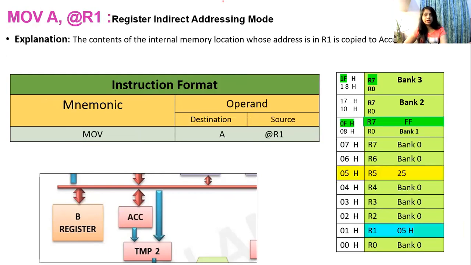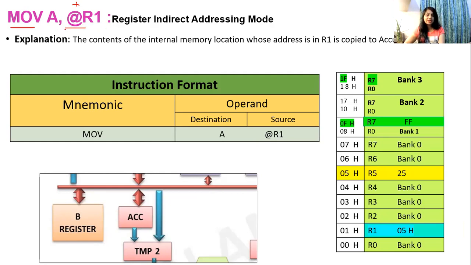Now let's go for another type of move instruction. Now this instruction is move A, @R1. Now see, here it is not simple R1. If this sign is absent, then it falls under the normal register addressing mode instruction, and you can say that move the contents of R1 into A. But this is not a simple register addressing mode instruction.